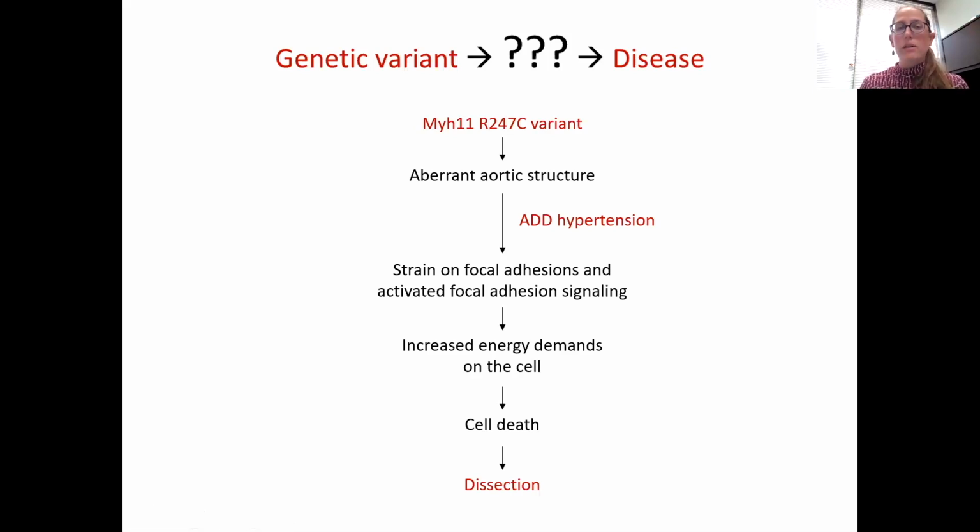So we're trying to look at other mouse models of dissection and in human dissection tissue to see if we can show that this same pathway is activated, even if the upper part is different because there are different genetic variants or different causes in different patients. If that proves to be true, then we'll hopefully be able to target treatments towards some of these steps that could help patients in the future.